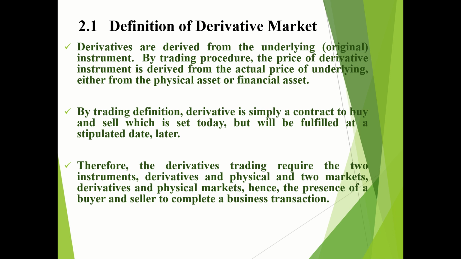So please remember, in derivative trading, it will require two instruments, one the mother, one the child, and it will involve two markets. The underlying asset, physical or maybe financial, is traded in the cash market or spot market, and the derivative instrument is traded in the derivative market.